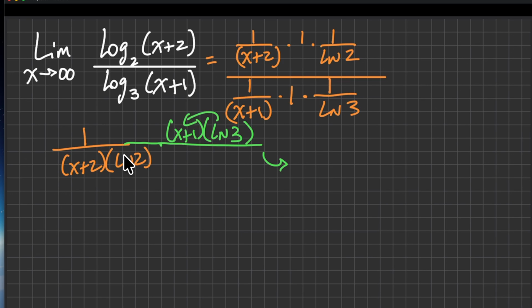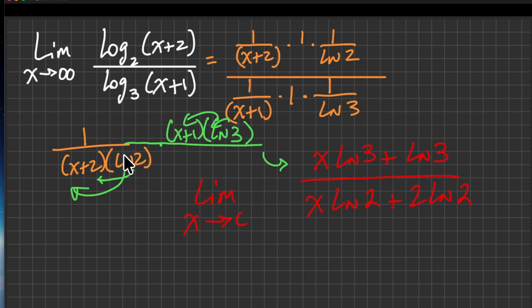We're going to distribute backwards, and we're going to end up with, here in red, x ln 3 plus ln 3 over x ln 2 plus 2 ln 2. Okay, folks, don't forget, we're applying the limit to this as x goes to infinity.